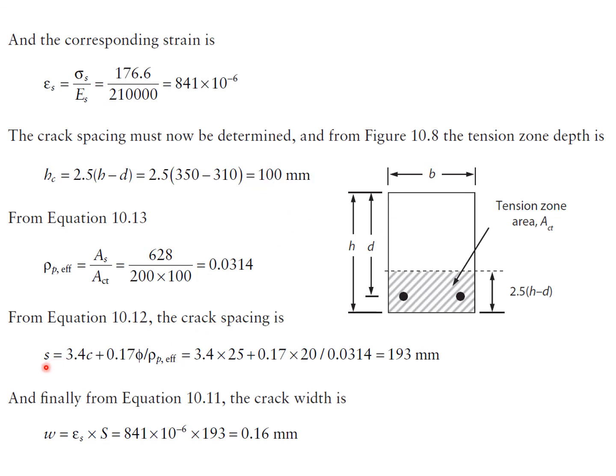So then we can work out the crack spacing, which is 193 millimeters, and the corresponding crack width is the strain that we calculated multiplied by that spacing, 0.16 millimeters.